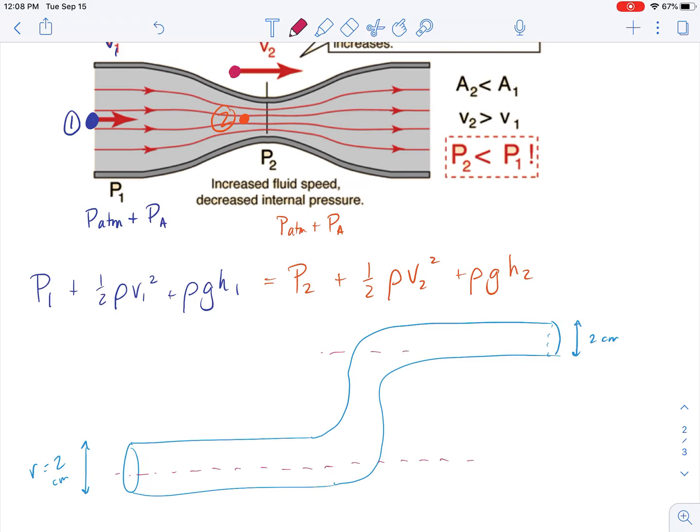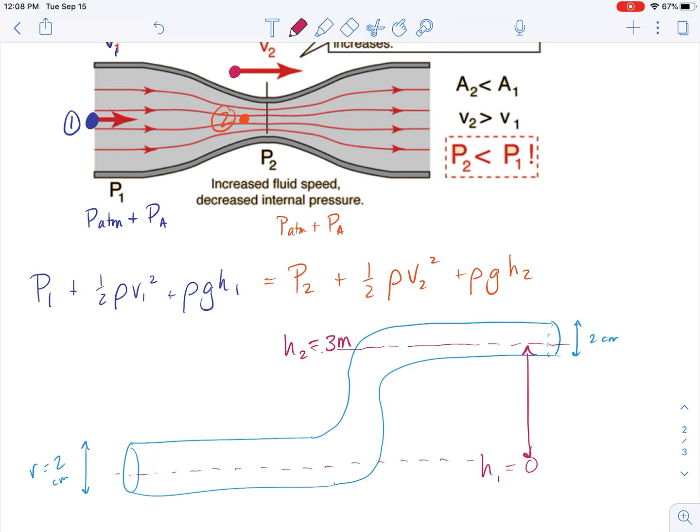Let's call the bottom height 0. Let's say the top height, let's say the water rises 3 meters. That's about a story, maybe a little less.